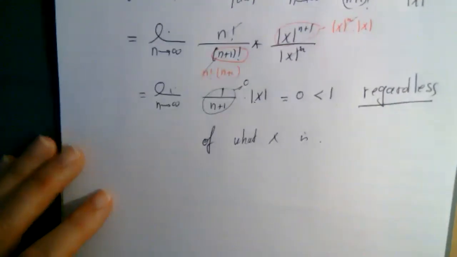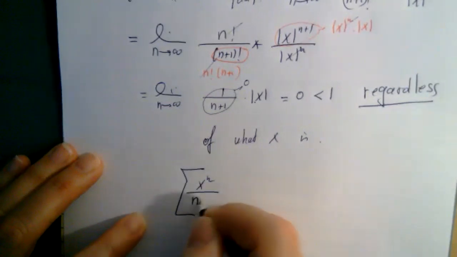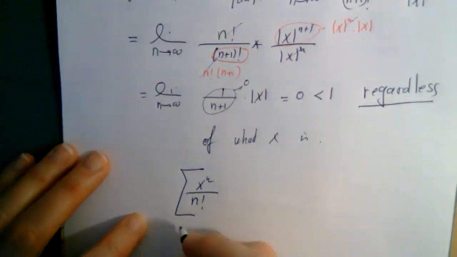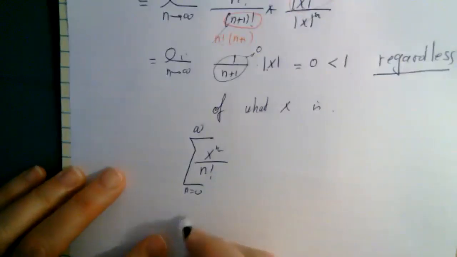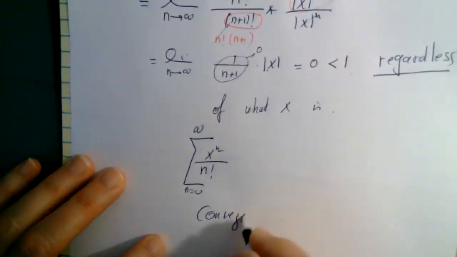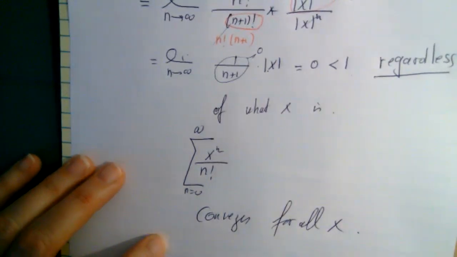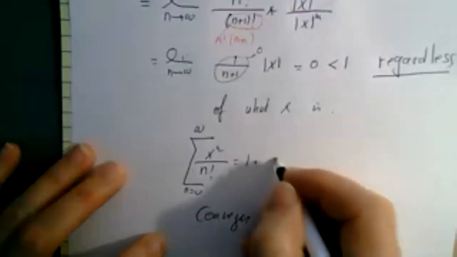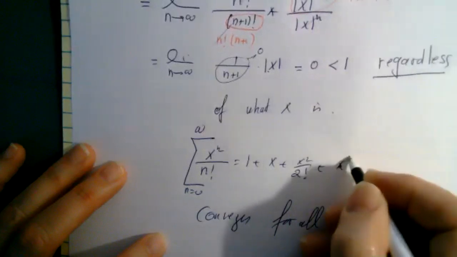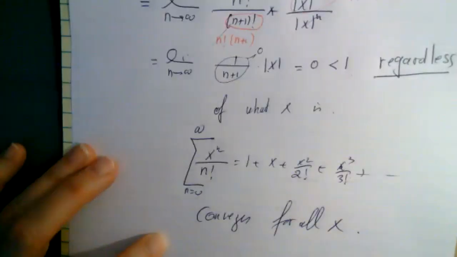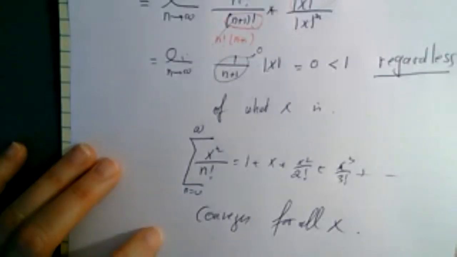So this tells me that the series sum of x to the n over n factorial for n equals 0 to infinity converges for all values of x. This means 1 plus x plus x squared over 2 factorial, x cubed over 3 factorial, plus so on, will converge regardless of what x is.